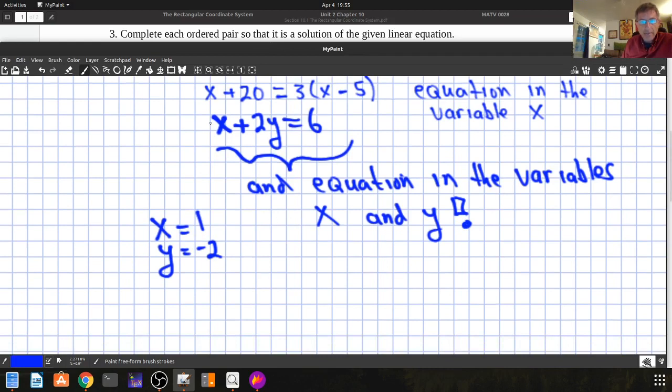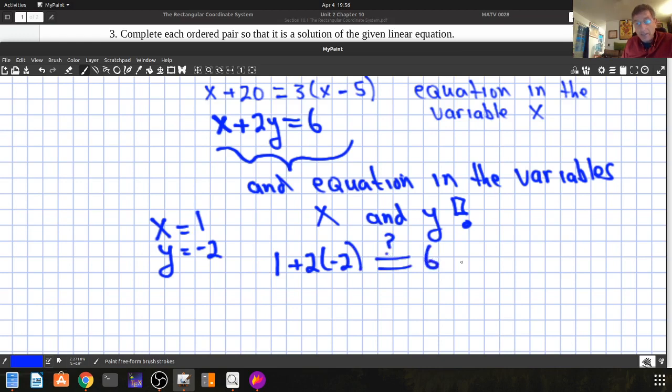I have the equation x plus 2y is equal to 6. Let's check if x is equal to 1 and y is equal to minus 2 will make this a true equation. As always, I replace x with its value, then I replace y with its value, so that's 2 times minus 2. And we want to know, is that equal to 6?